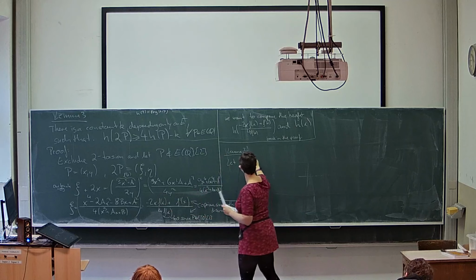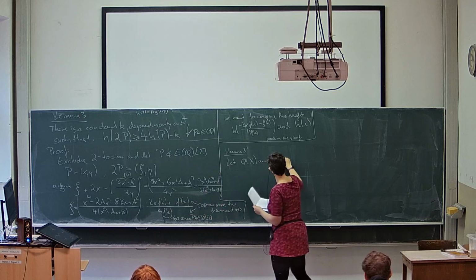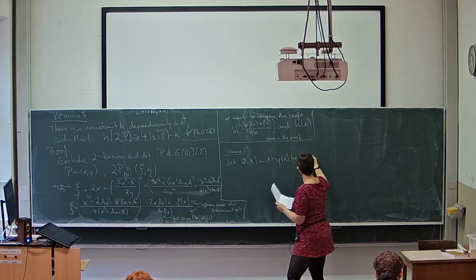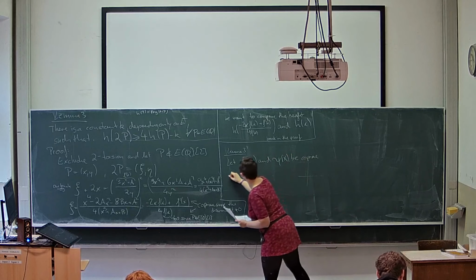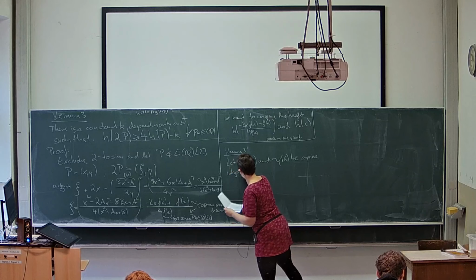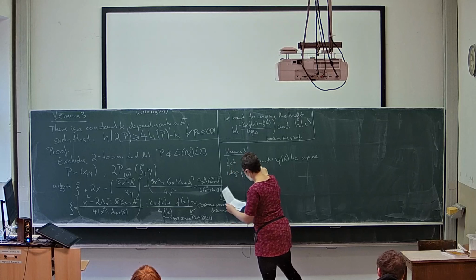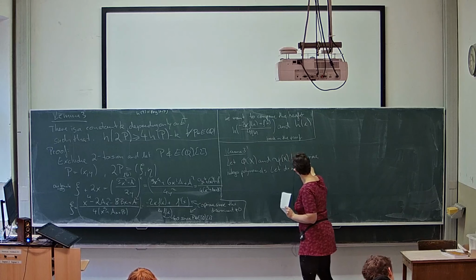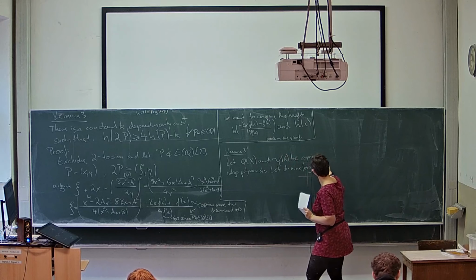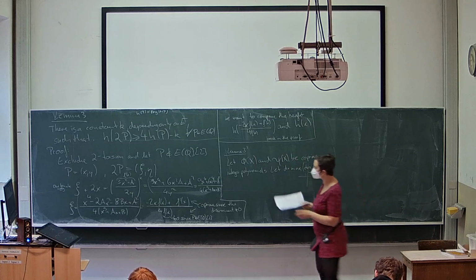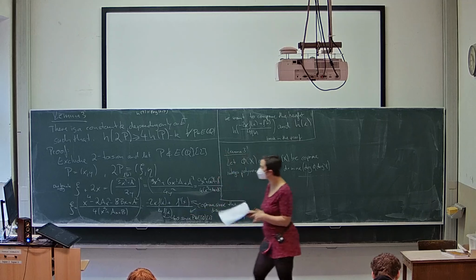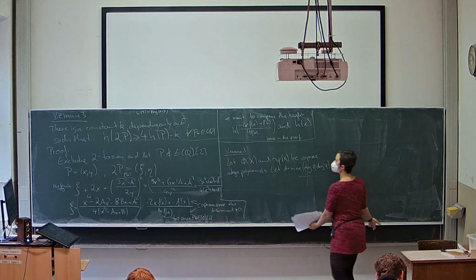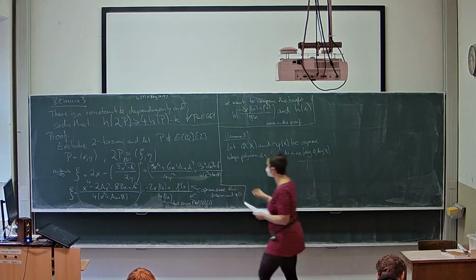So we have two polynomials with integer coefficients, and the polynomials should be co-prime, so that's just what we have here. And then we want this.